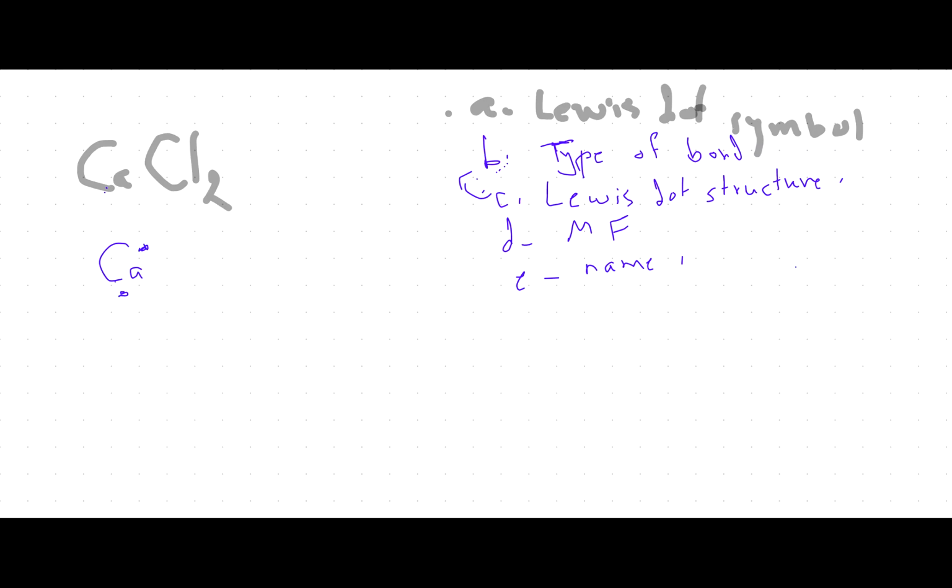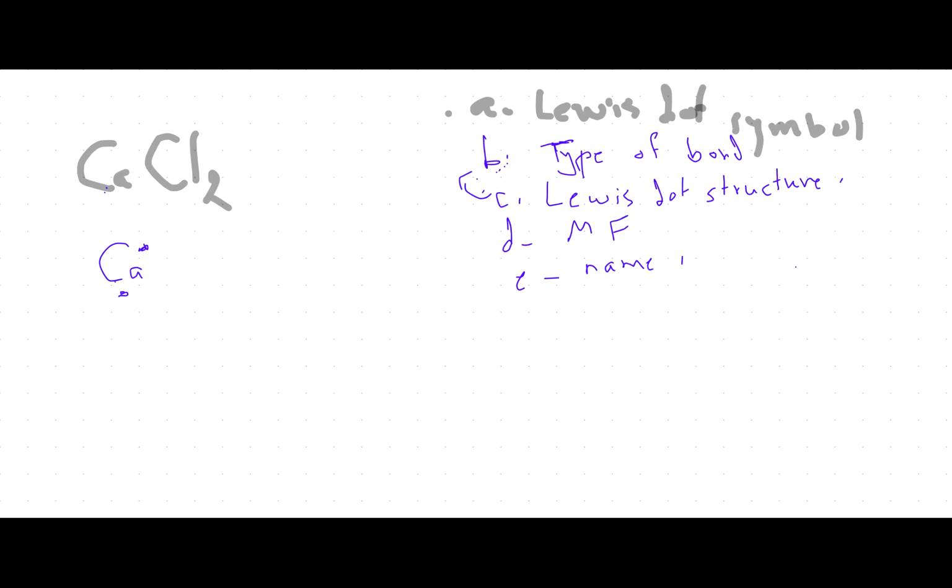It is the number of electrons in the last shell. And I can know it directly from the group. Calcium is in group 2, so the number of electrons in the last shell is 2.